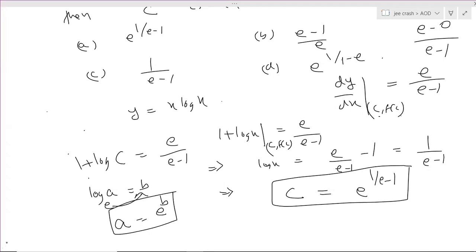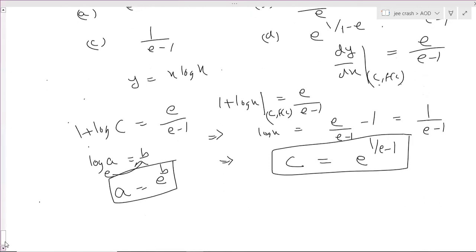Okay, I hope everyone is clear. Let me give you one question for homework. Solve it. Ask me in the next class if you cannot solve this.